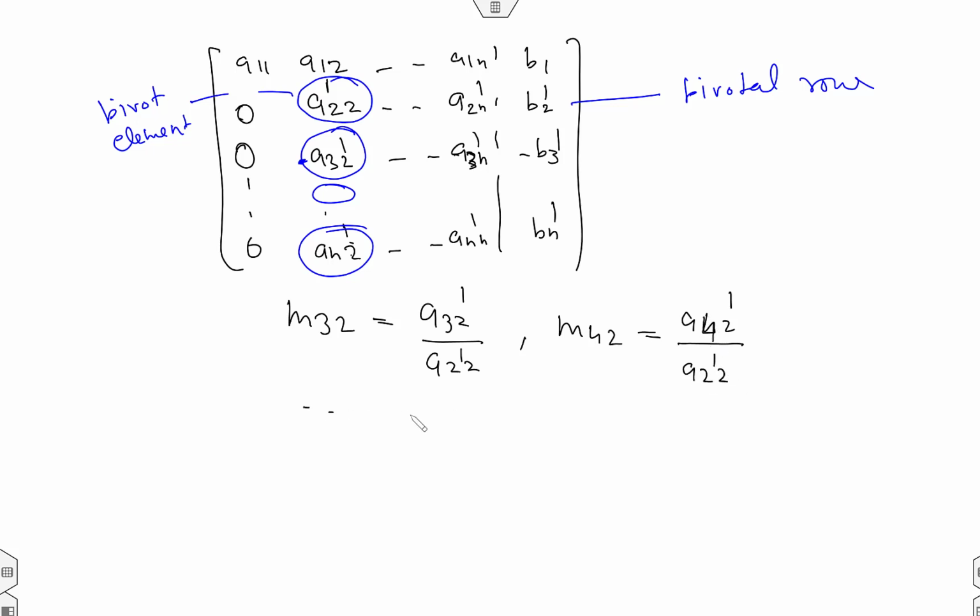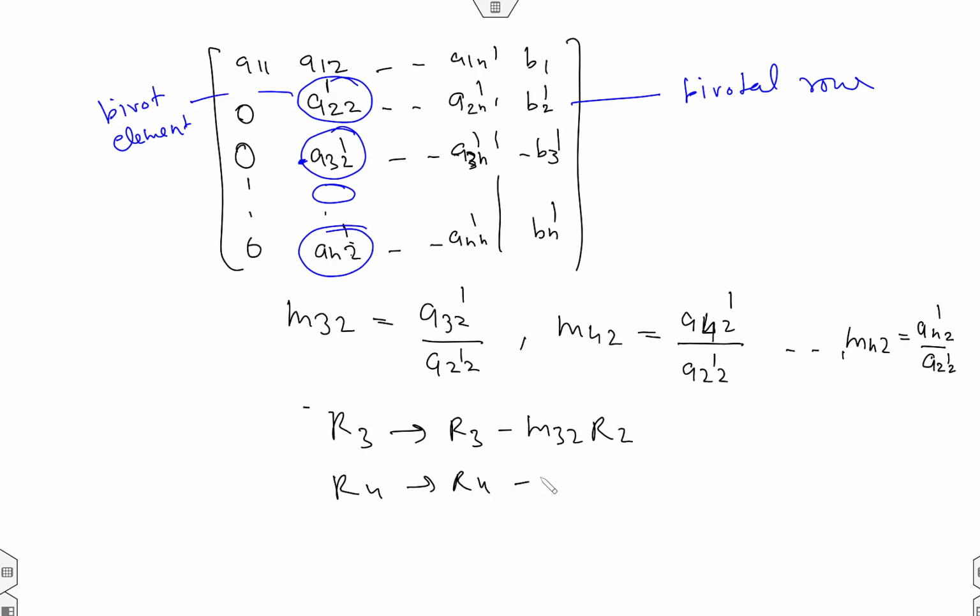Okay, so similarly, Mn2 equal to An2 dash upon A22 dash. Okay, now apply row operation, that is R3 as R3 minus M32 R2, R4 as R4 minus M42 R2, and so on, Rn minus Mn2 R2.